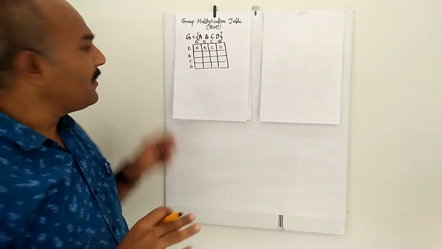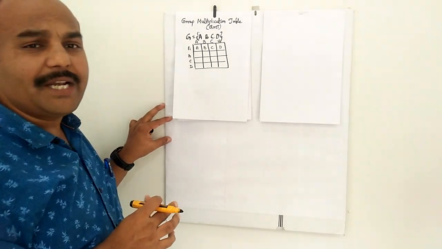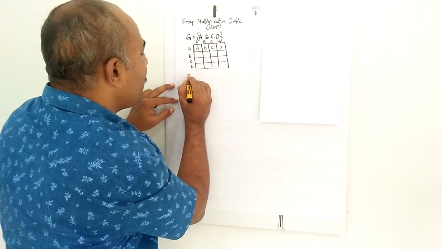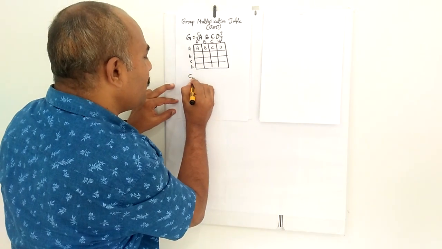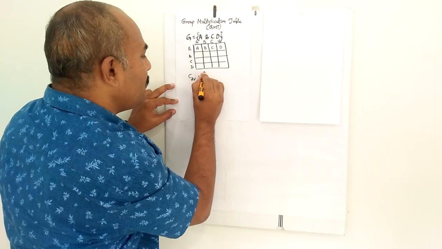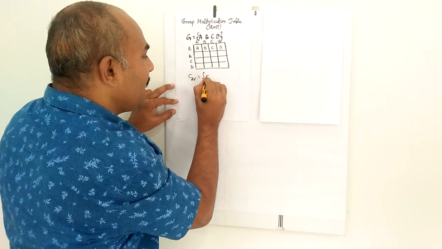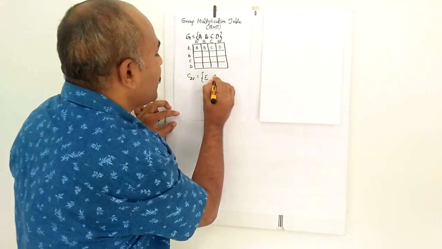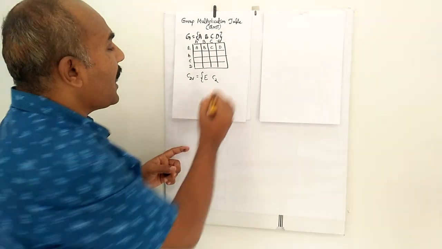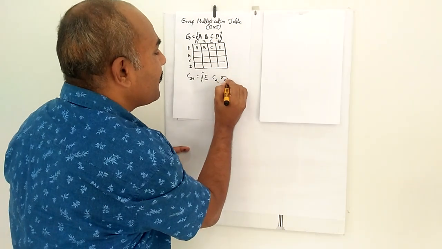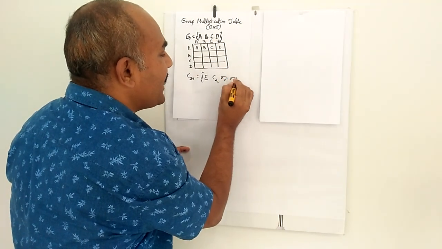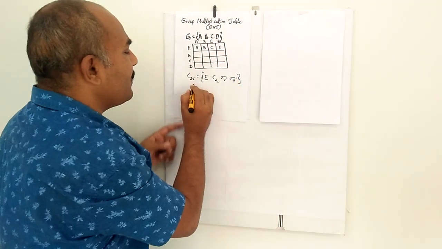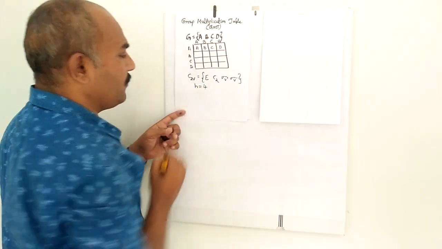There are 4 elements present in this C2v point group. I am listing the elements of the C2v point group: C2v is equal to E, the identity element, the rotational axis of symmetry C2, and sigma v and sigma v dash. There are 4 elements, h is equal to 4.